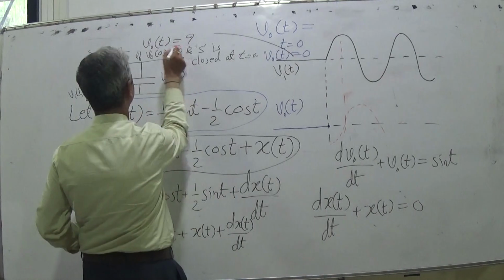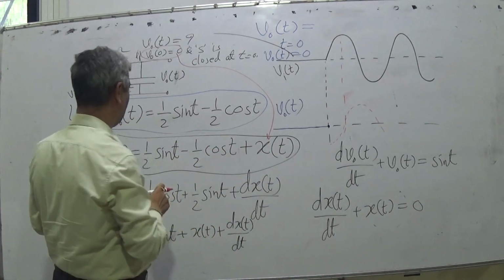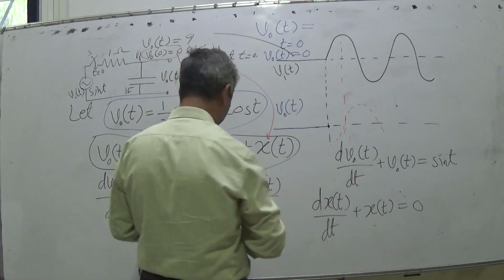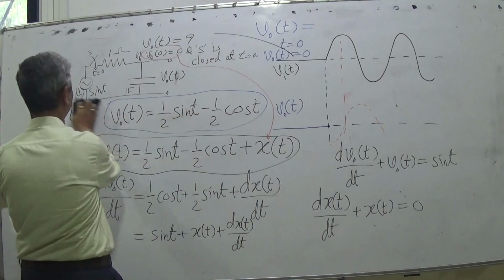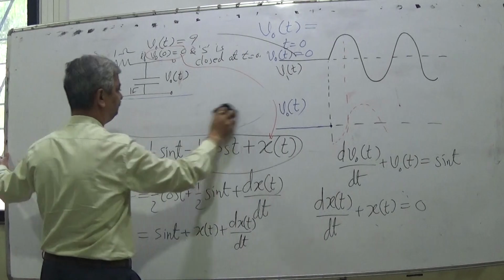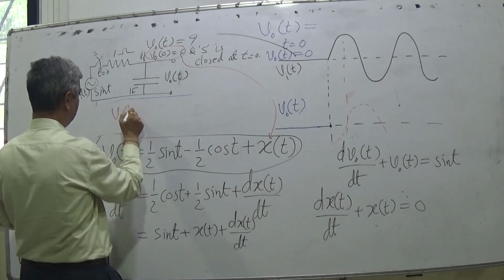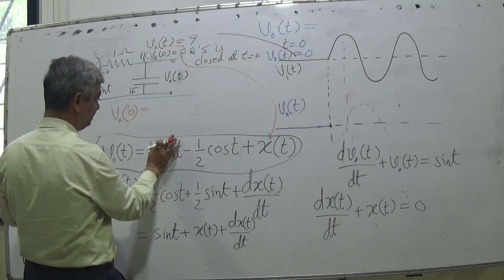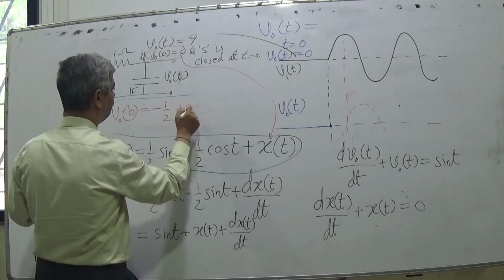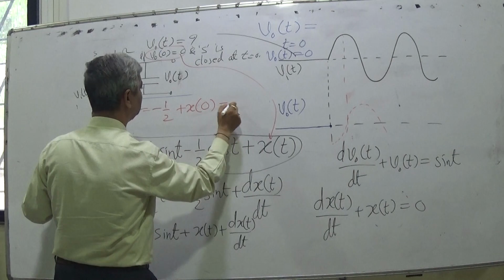So at t equal to 0, this equation becomes V_o(0) equal to 0, cos 0 is 1, minus half plus x(0), and that is equal to 0.